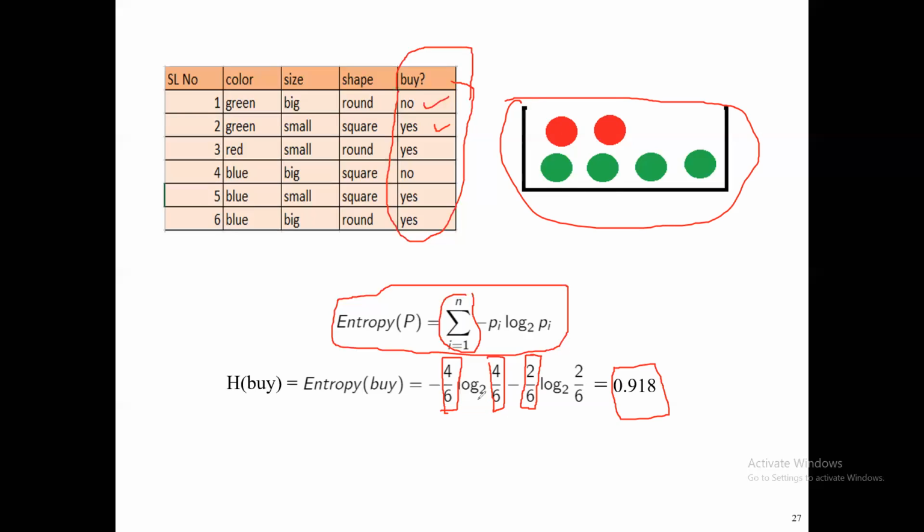So the information content will be log 4 by 6 and probability will be 4 by 6. So we can easily understand that even for this distribution on the right hand side with the blue and green balls, the entropy will be the same as this, because the probability of each of the values, red and green, are the same as in the by attribute that we are seeing.